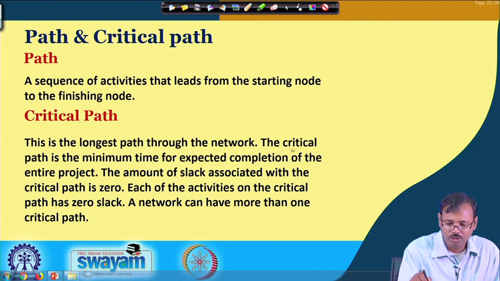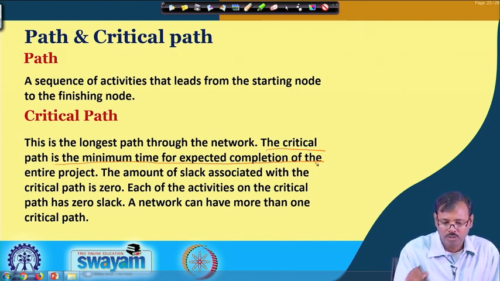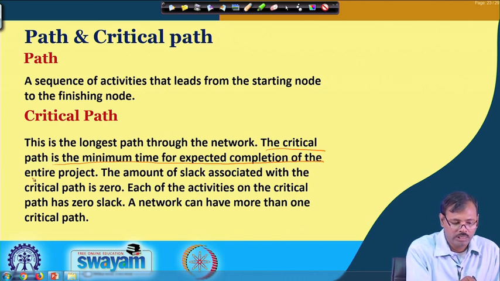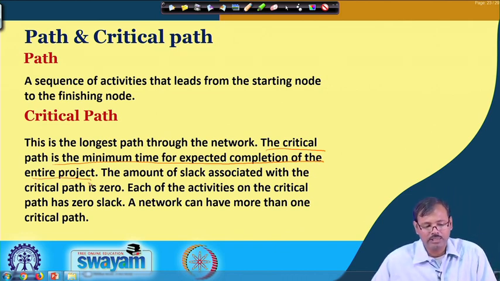The critical path is the longest path, which basically gives us the minimum time for the completion of the complete work. As it is the longest path, all the other paths will be completed before the completion of this path.